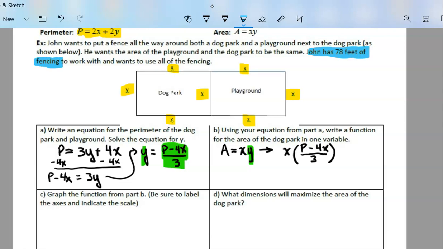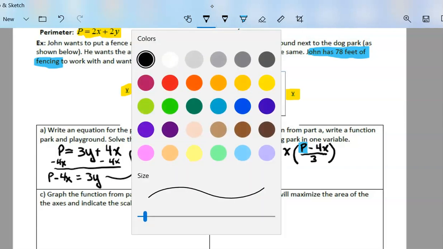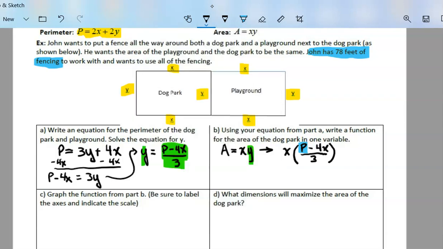That would be the perimeter that we're looking at. And so we can rewrite this as x times 78 minus 4x over 3, and that would be the area.